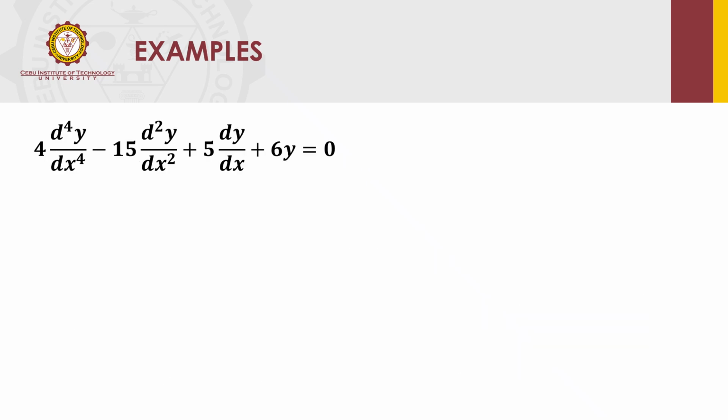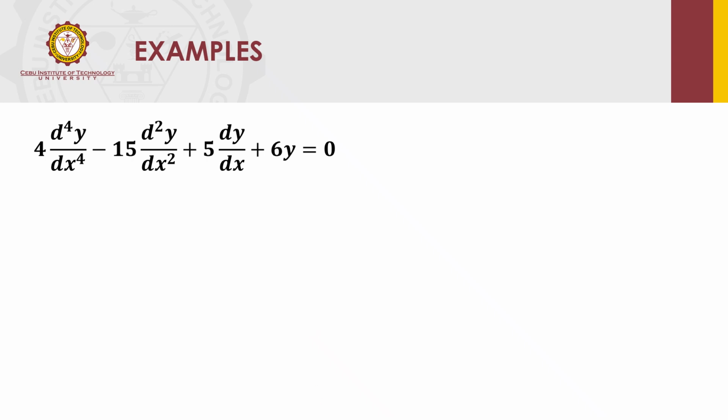So we have another higher order linear differential equation, still linear in y. It's a fourth order DE, and it's homogeneous because the right side is equal to 0. Again, the first step is to write the auxiliary equation.